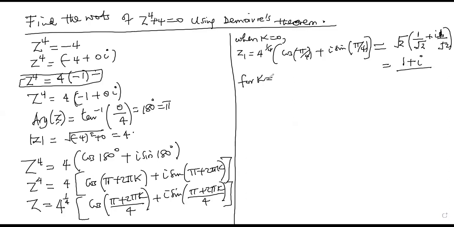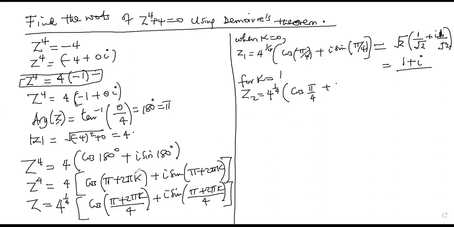So for k equal to 1, we shall get z2. So z2 will be equal to 4 power quarter into cos pi over 4, but when k is 1, we put 1.